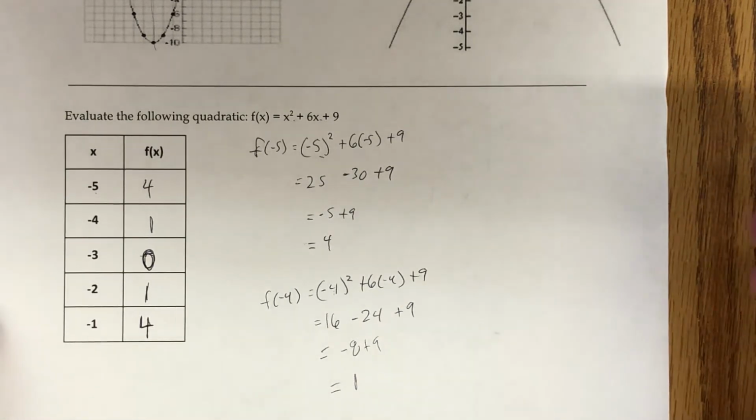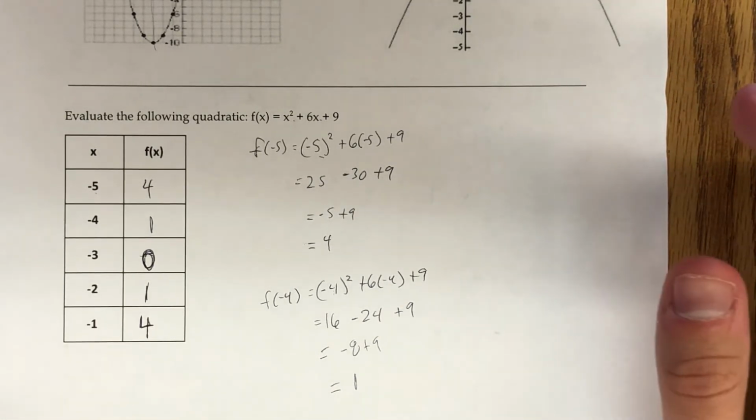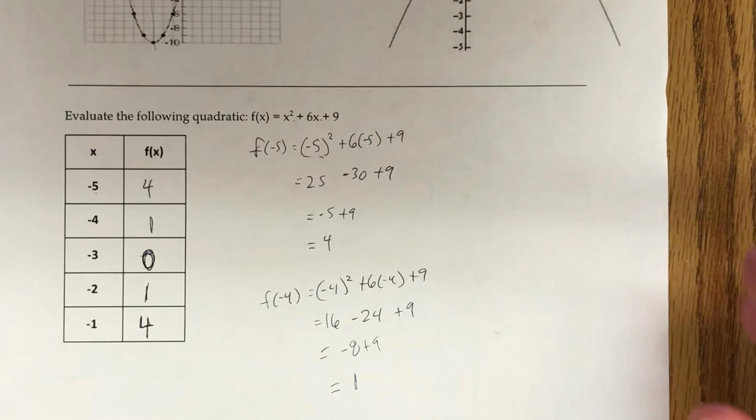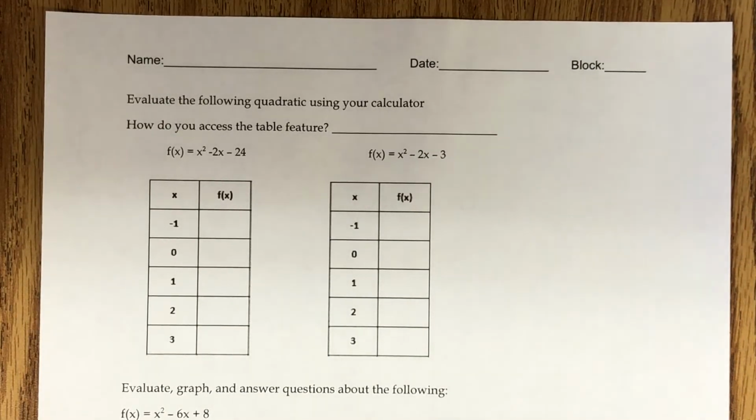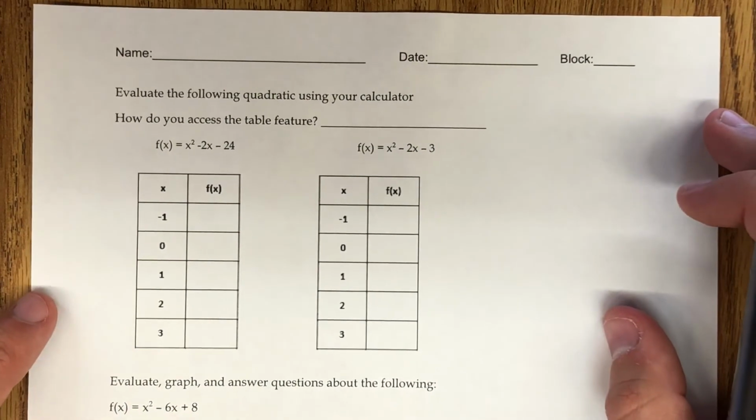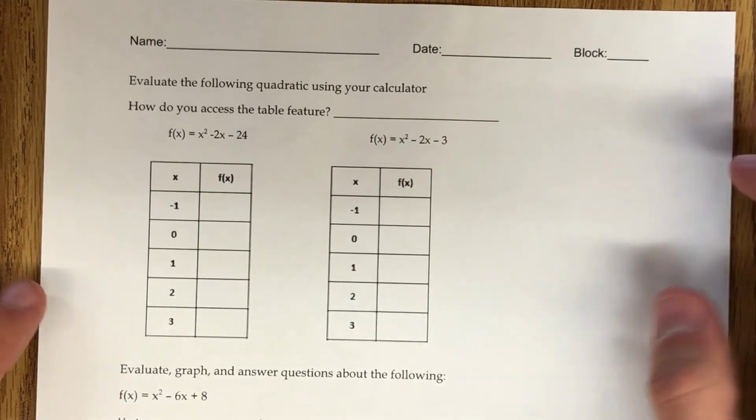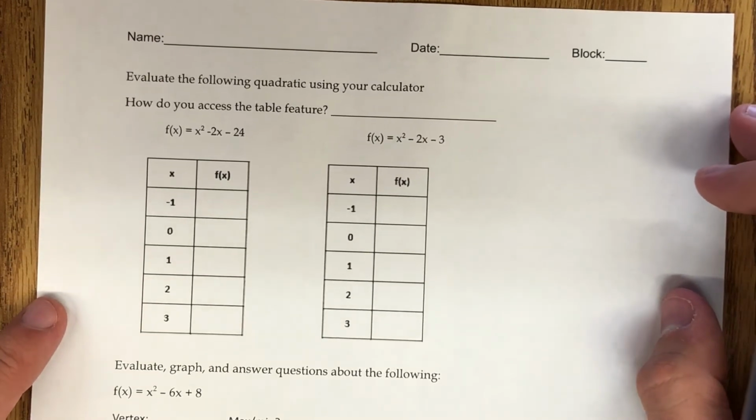Okay, so now we could use that information to help us graph. Before we do that, let's just kind of revisit this idea here and try to at least make it a little simpler. Because we can evaluate quadratics using our calculators, which is kind of nice.